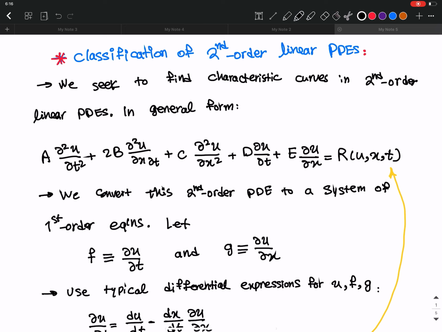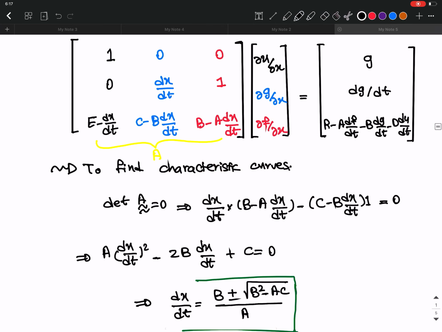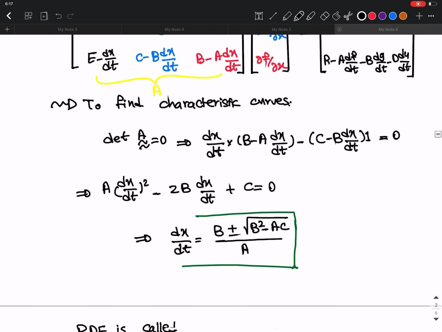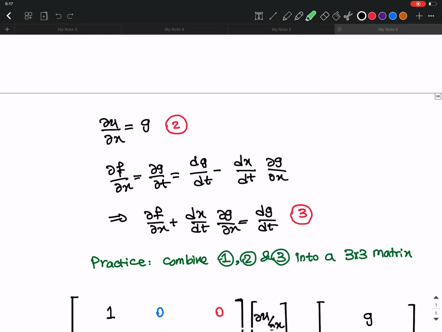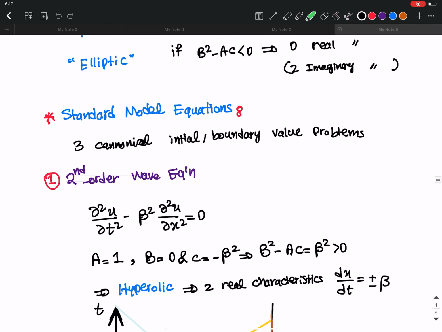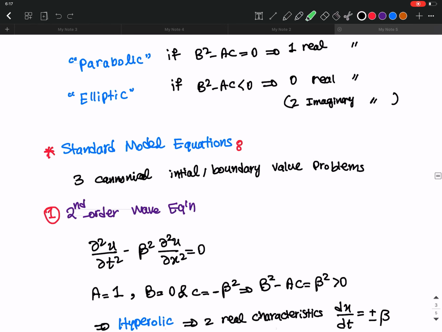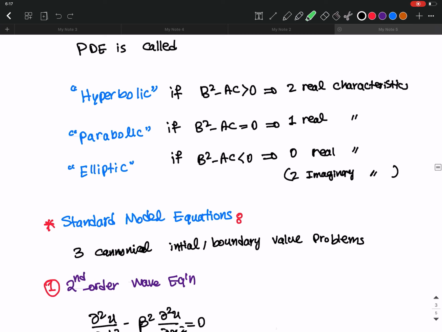We started with the general form of second order linear PDEs, and then we found the characteristic curves in this general form by converting this PDE into a system of linear first order PDEs. Then we defined the hyperbolic, parabolic, and elliptic types of equations based on the characteristic values.